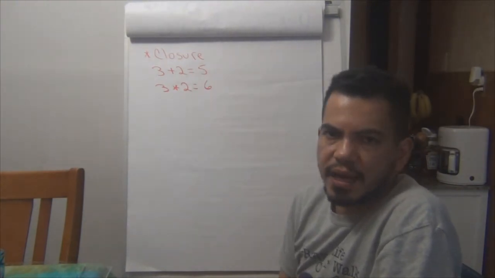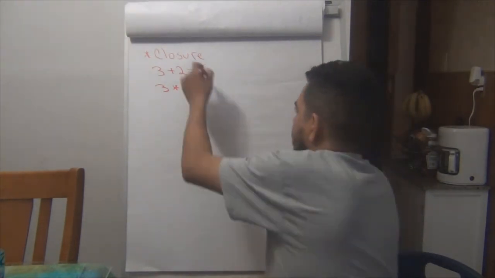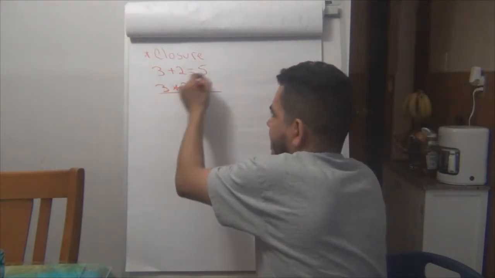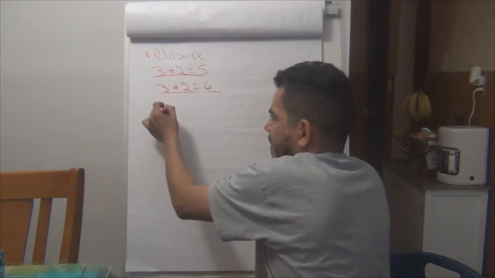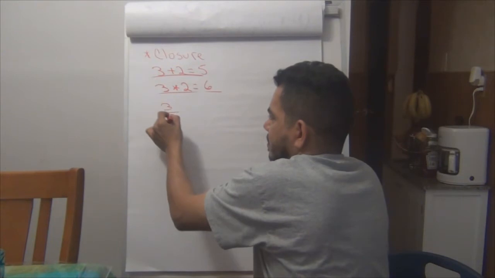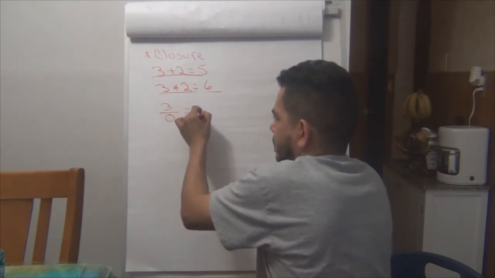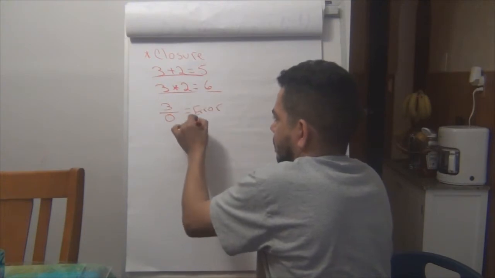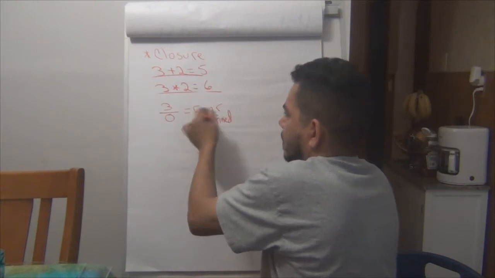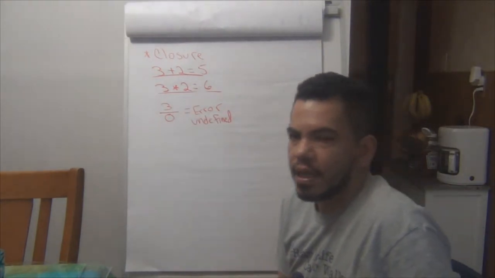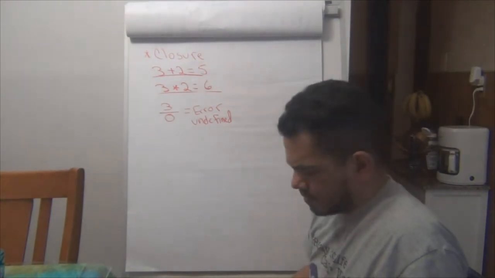Okay. There are some exceptions. For example, when you divide. Addition and multiplication are good, but if I want to divide 3 by 0, you're going to get an error on the calculator, which is basically undefined.